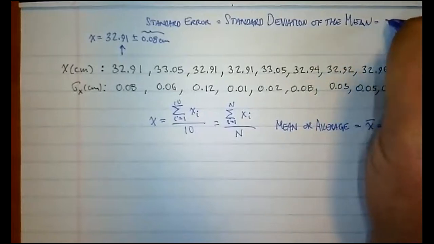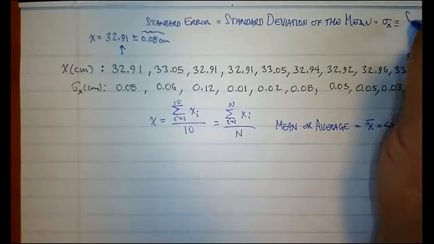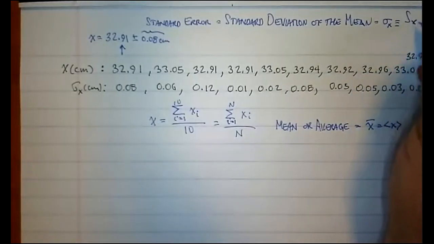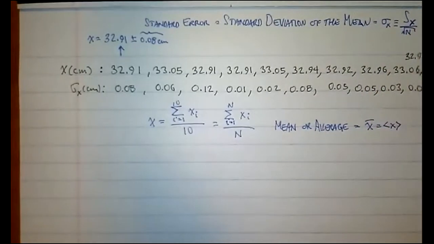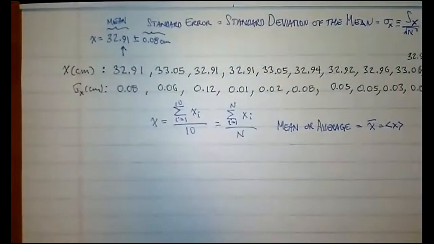And it's given as a symbol sigma x, which is actually the easiest way to write this: it's the standard deviation of x divided by the square root of the number of trials. Okay, so that's really what that is. This would be my mean. So that's how you report. What's that?